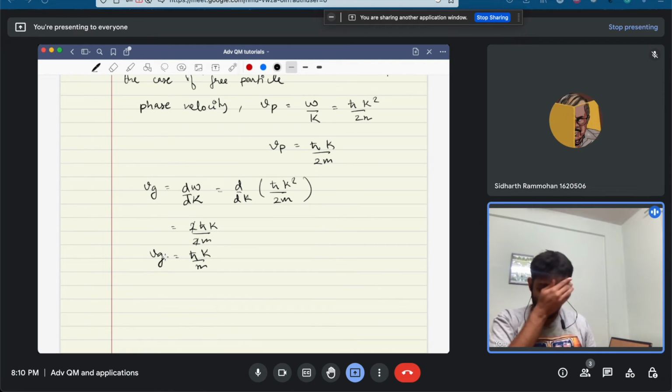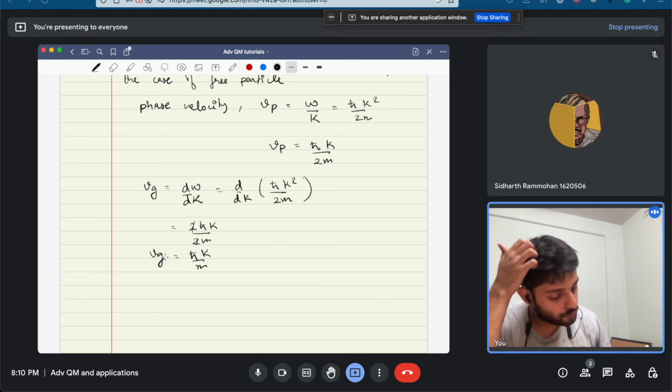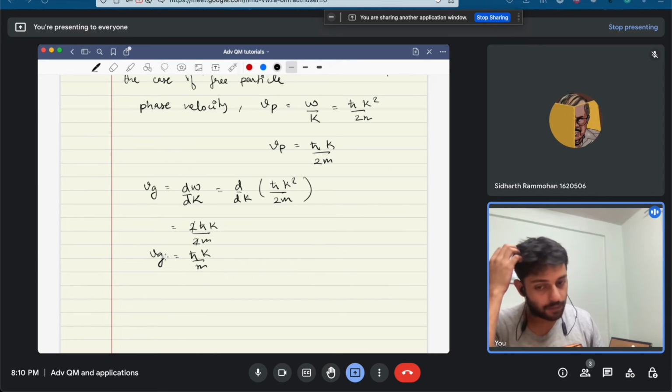Now you can see that there is a factor of 2 missing in the phase velocity and the group velocity.